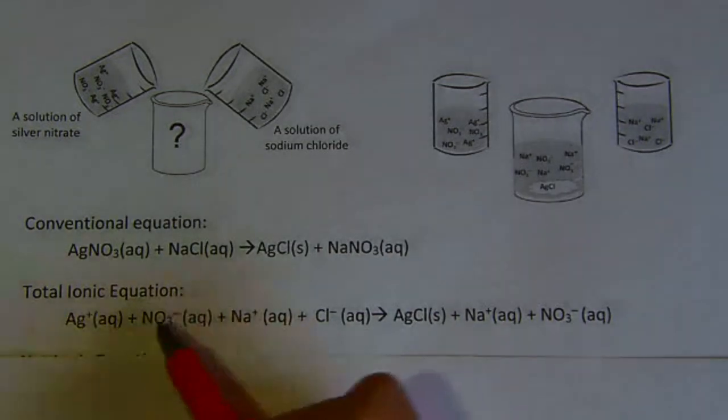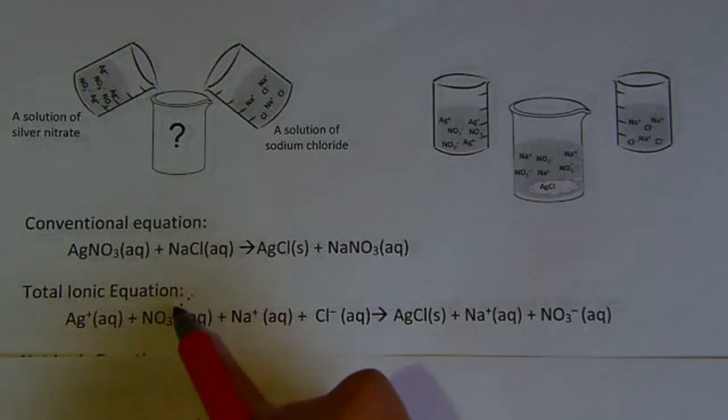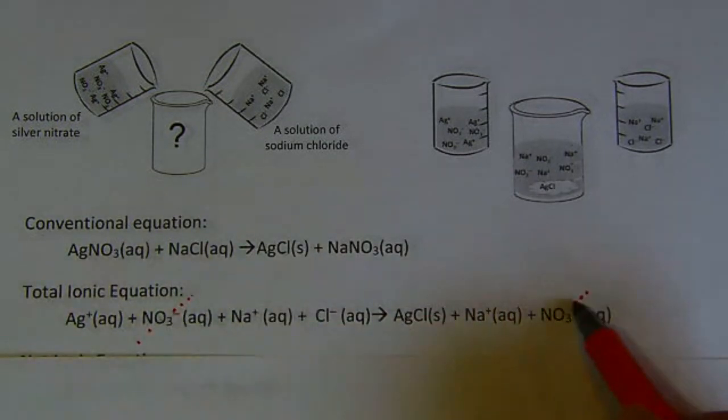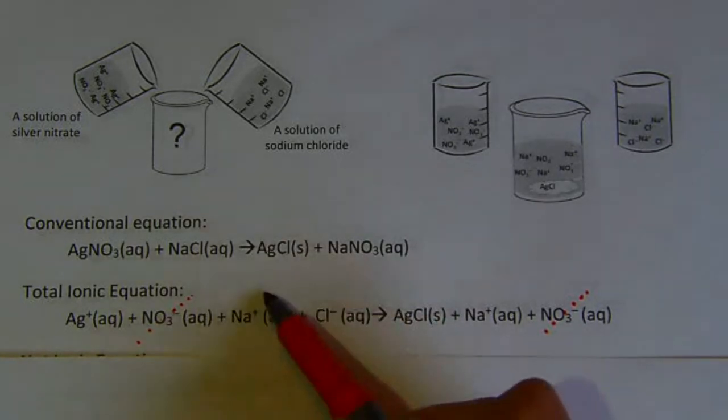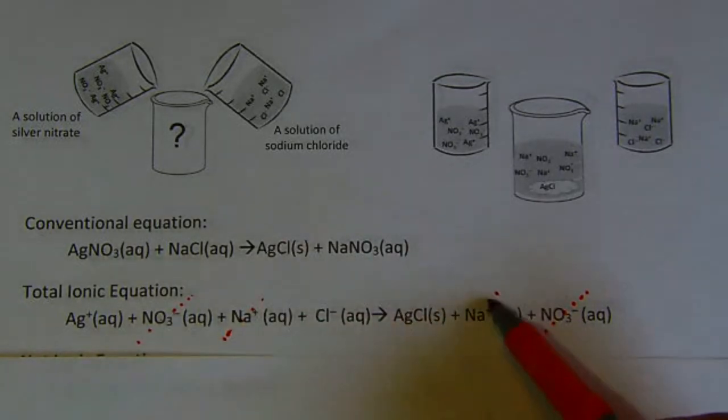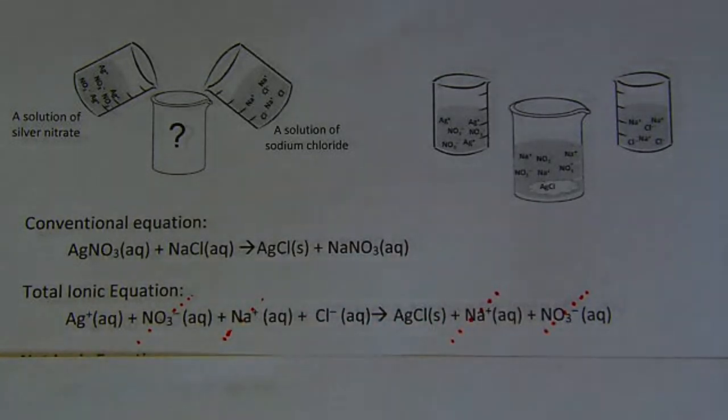Well, I've got nitrate on both sides here that look identical. So I'm just marking through them to keep track of what I'm ignoring here. My sodium ions also appear unchanged on either side of that arrow.